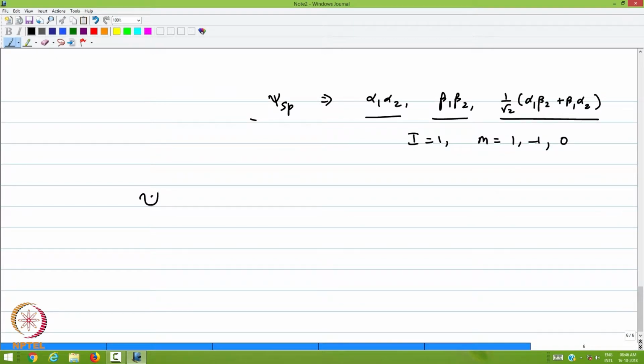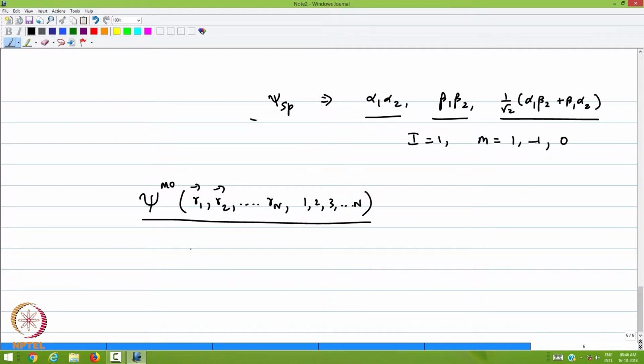So, if I write psi MO as the wave function due to n electrons, with spin coordinates 1, 2, 3, up to n, this wave function should be the negative of psi MO if I interchange, for example, R2 and R1.